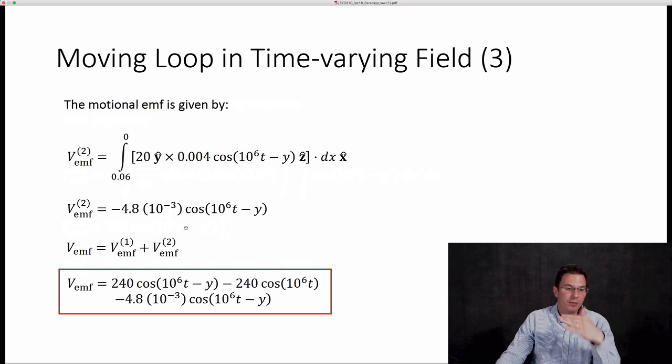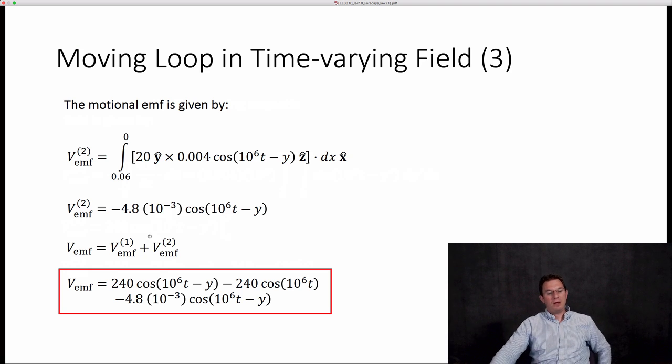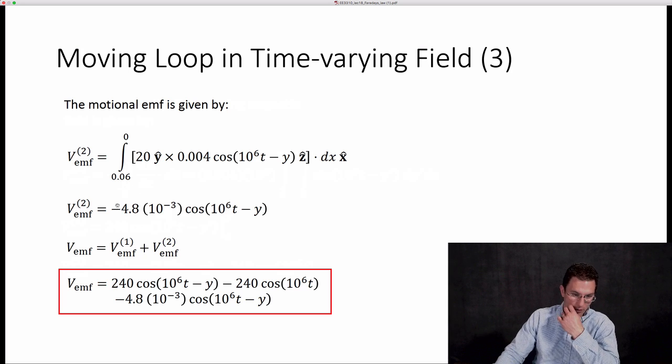The total EMF is simply the sum of the two: the first EMF plus the second EMF. Now notice that the first EMF, due to the time-varying B field, is huge compared to the motional EMF in this case. The side of the loop is just not moving fast enough to induce very much voltage. So the motional EMF is on the order of millivolts.